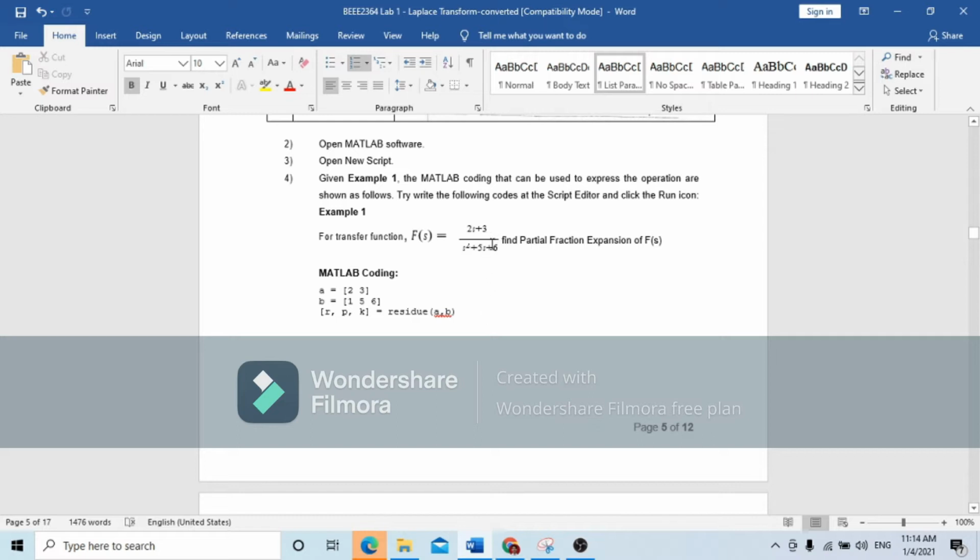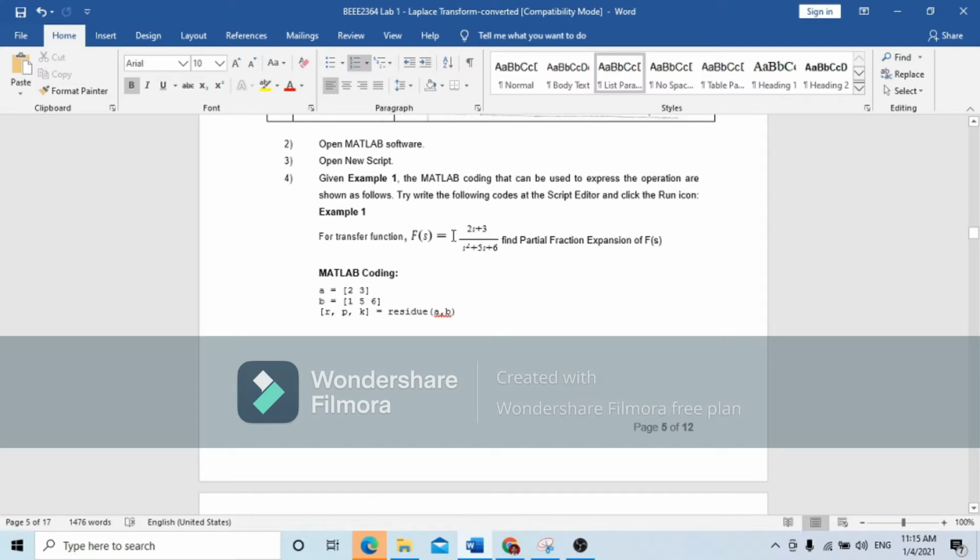Here we use MATLAB to find the partial fraction expansion of the frequency time domain. So this is the MATLAB coding to find the partial fraction expansion.